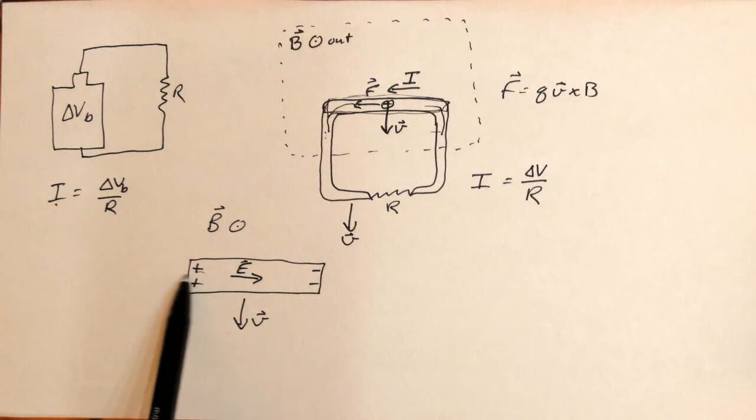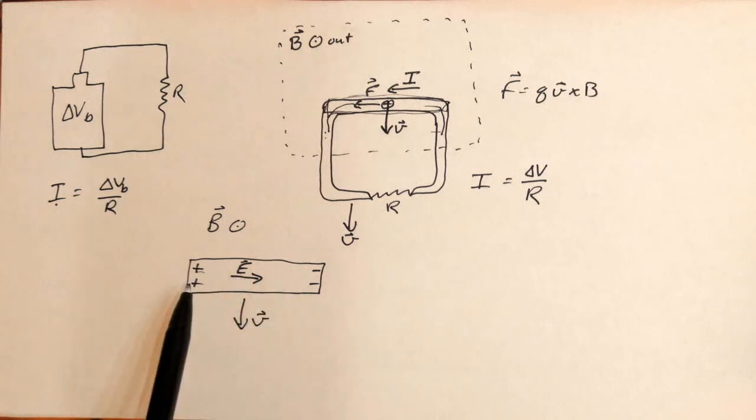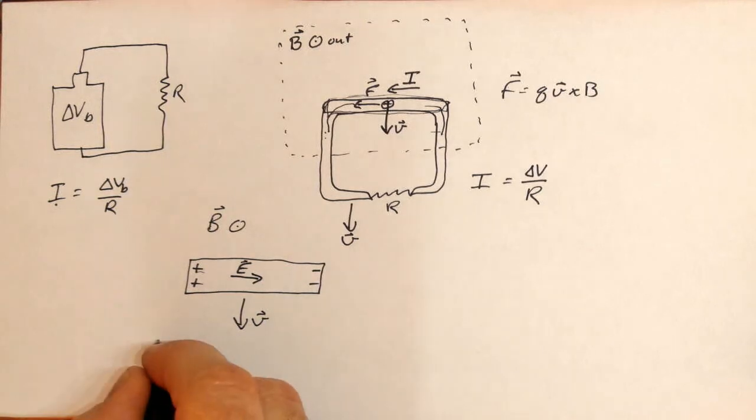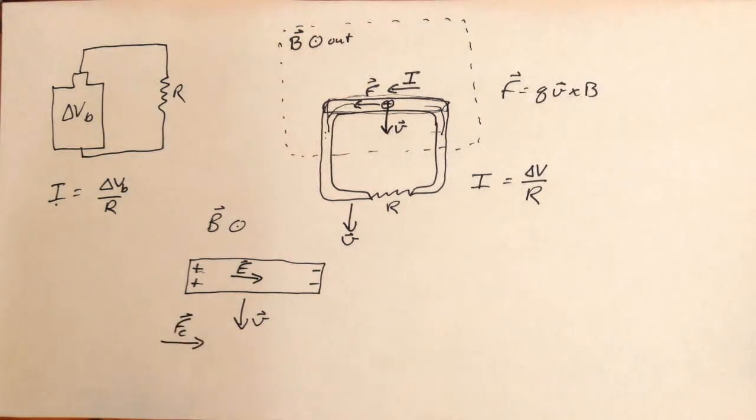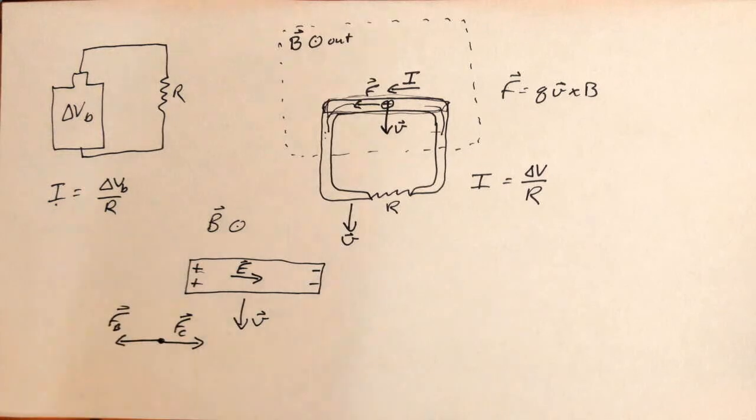As more and more get over here, this gets big enough to oppose any new ones coming. You get force from Coulomb's law pushing them that way, with the magnetic force pushing that way, and they get equal. This is kind of like drag, where this grows until it reaches the driving force.